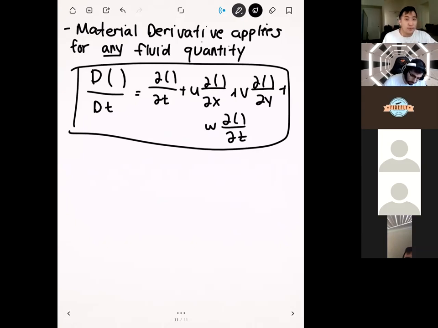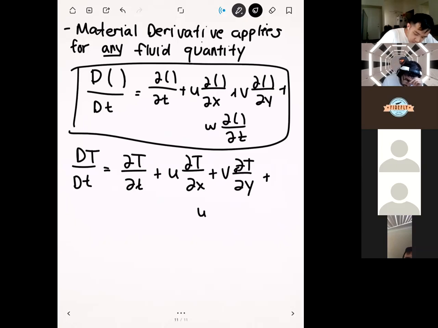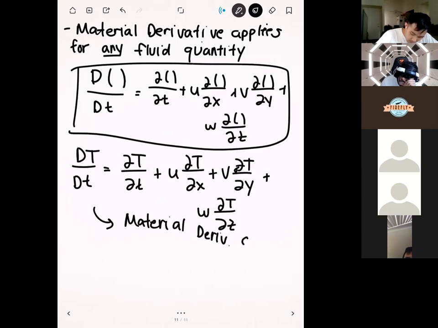So if you want to see how the temperature in a fluid changes in time and space, you just plug in big T in here. And so you have big D, big T, dt is equal to partial T partial t plus U partial T partial X plus V partial T partial Y plus W partial T partial Z. And so that's the material derivative of temperature.